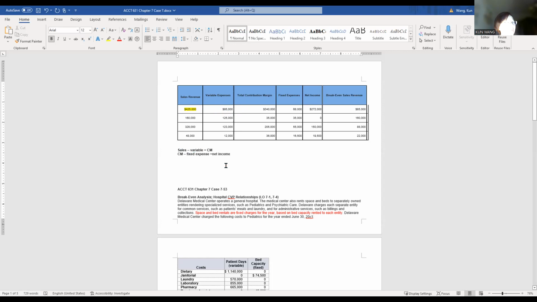You all need to rearrange the formulas or your calculation a little bit, moving the variable or fixed expense to the right side so we can find the missing ones. Make sense? So those are the given numbers, and I'm trying to find the sales revenue.